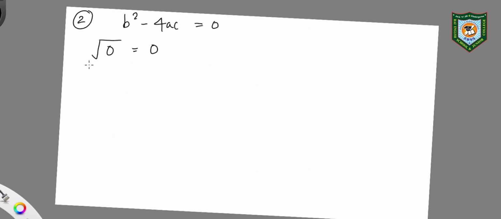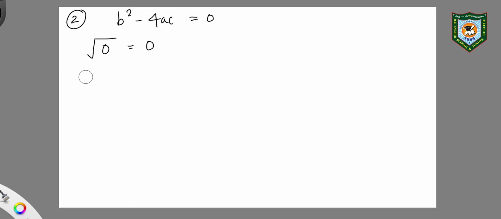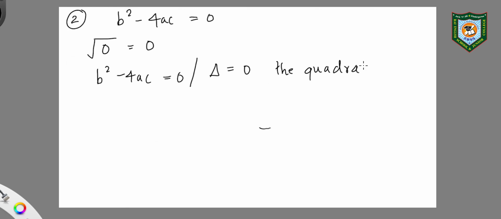Therefore, if b square minus 4ac is equal to 0, or you can also write this as delta is equal to 0, the quadratic equation has two equal roots.